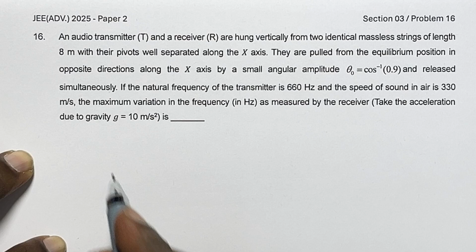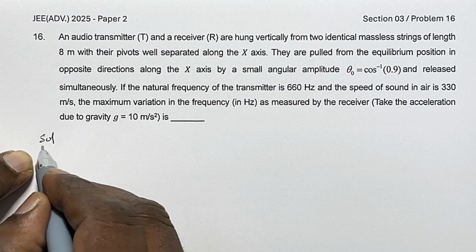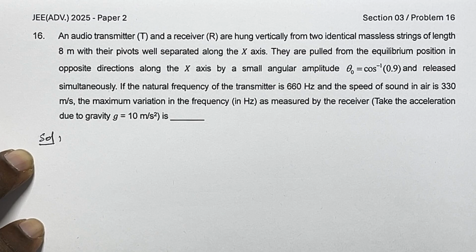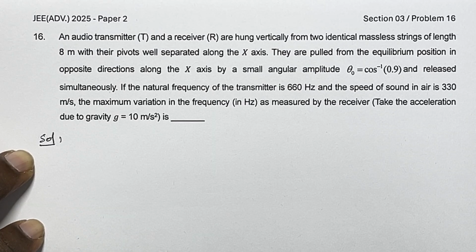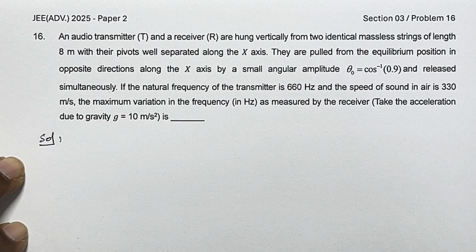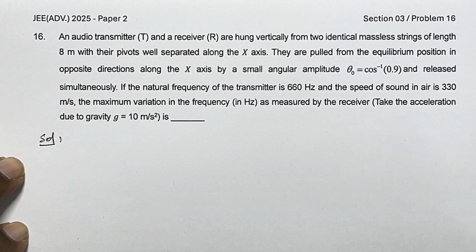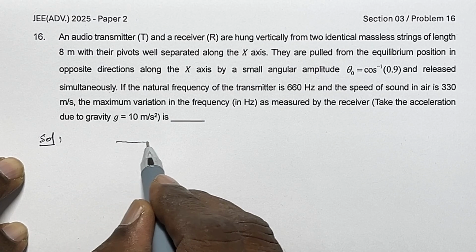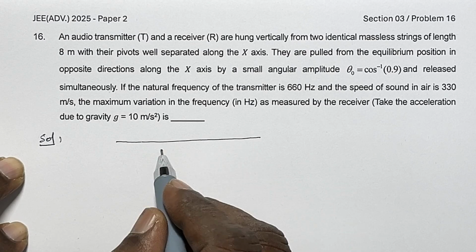Right. So what the problem says here, this is not a completely simple harmonic motion, it combines the pendulum concept and the Doppler effect. Let us take this one. This is the x-axis, horizontally.